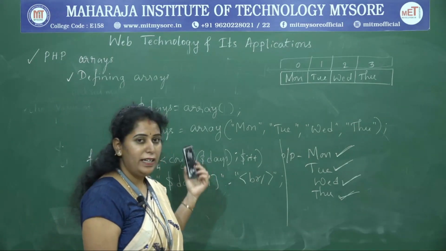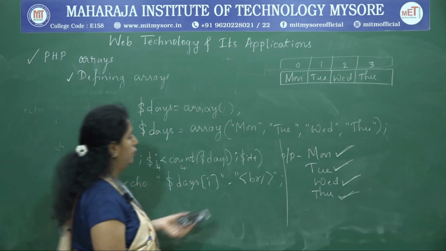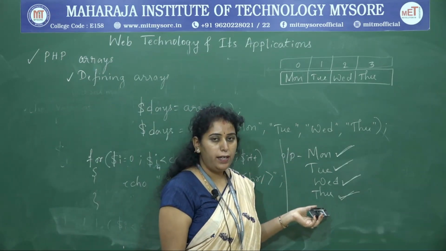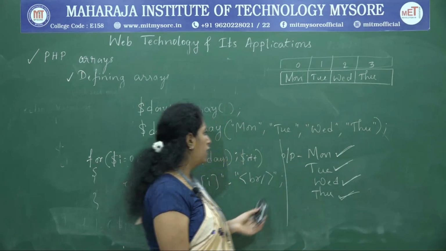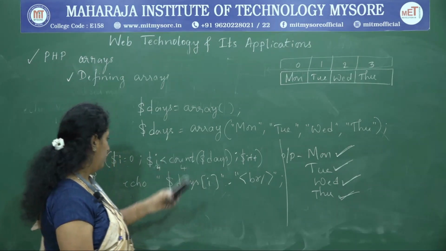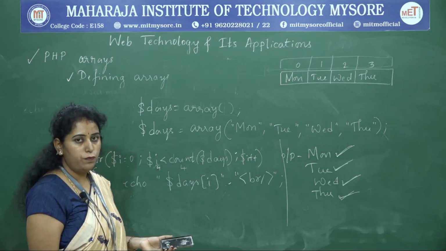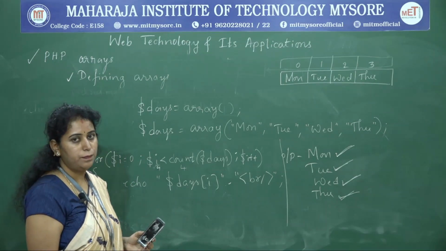So what happens? It comes out of the loop. So finally you can notice that all the elements of an array have been printed successfully. So this is how, after defining an array, you can make use of different types of loops in order to print them on the screen.